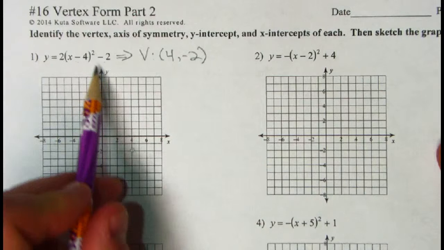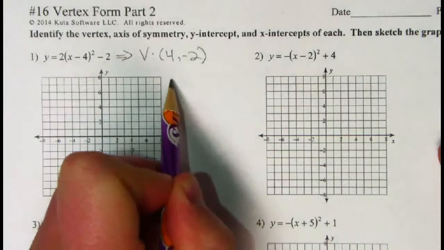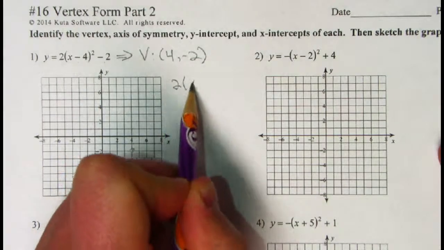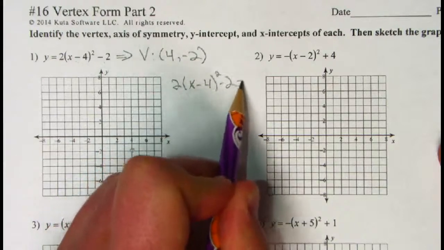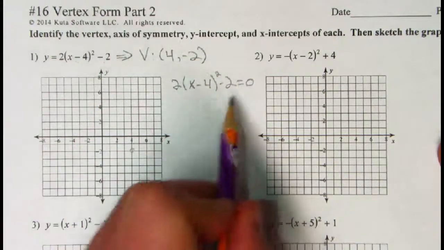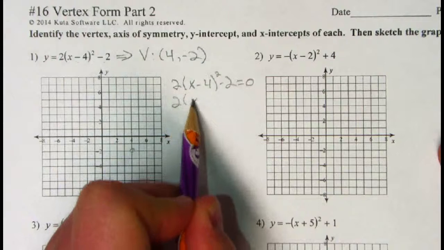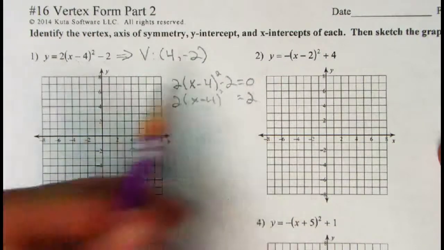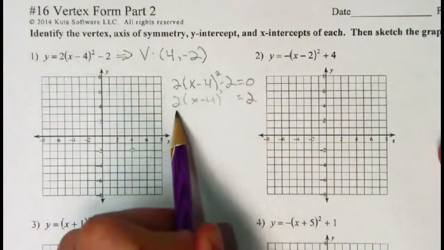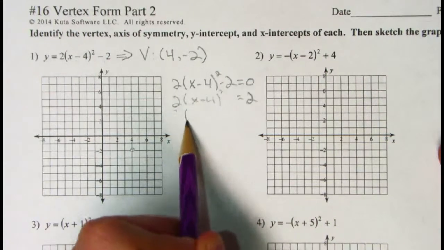So that's why I'm having you guys also solve now, where you have this equal to 0. Add 2 to both sides. Divide both sides by 2, or whatever number is in front.